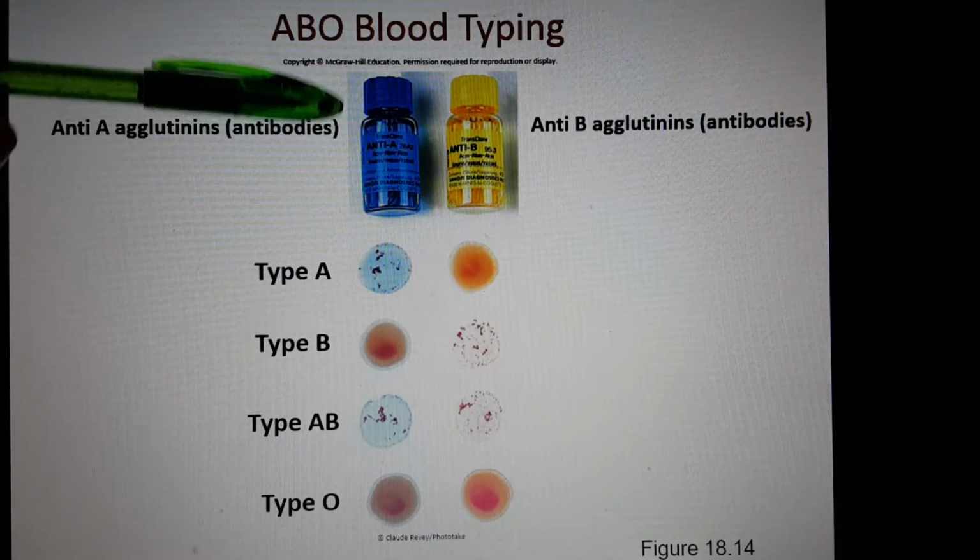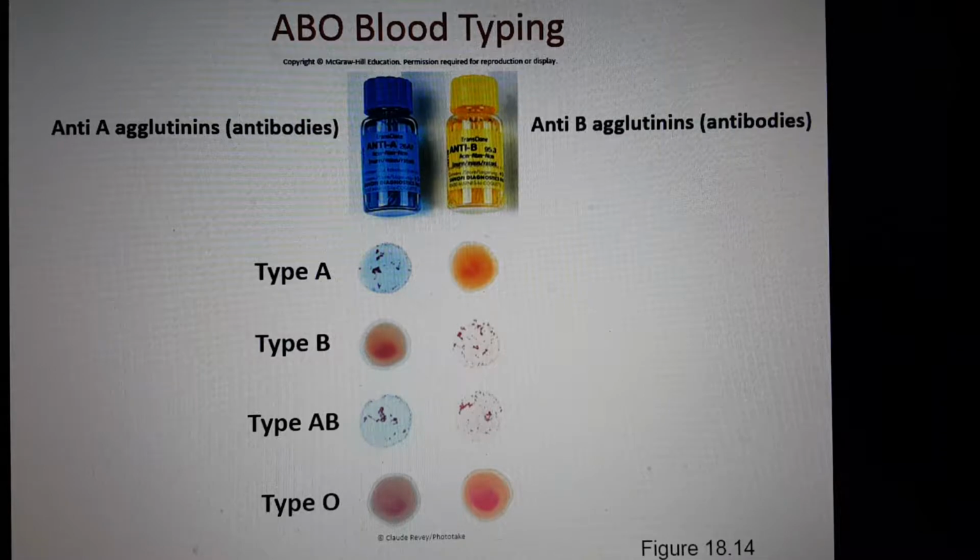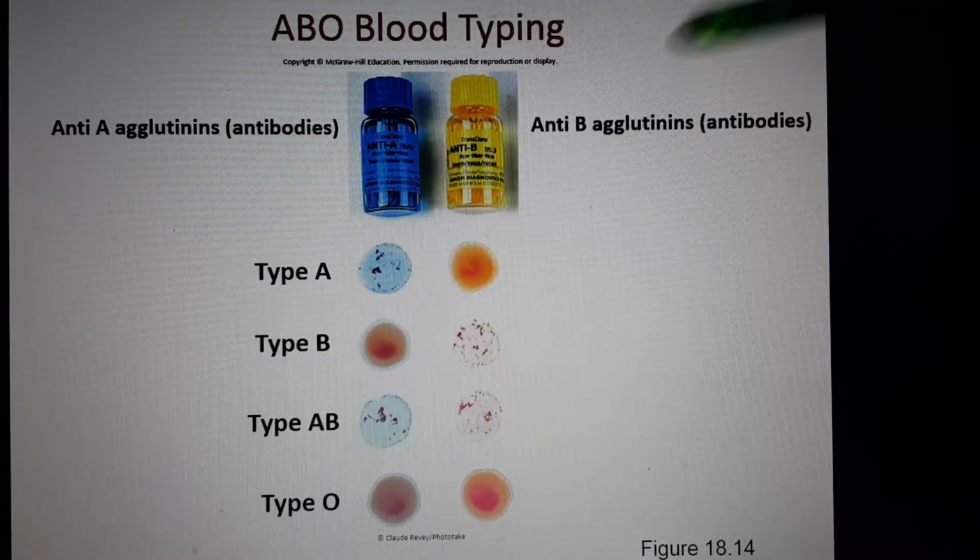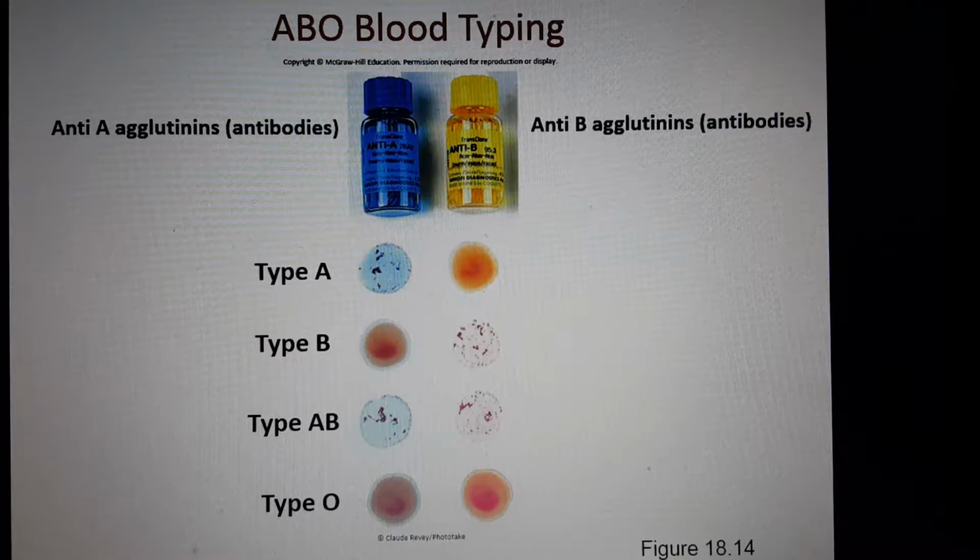Here at the top, we have this blue vial. That's your anti-A agglutinin, or antibody against the A agglutinogen. The other side has your yellow vial of your anti-B agglutinins, so antibodies against the B agglutinogen that's on the type B blood.